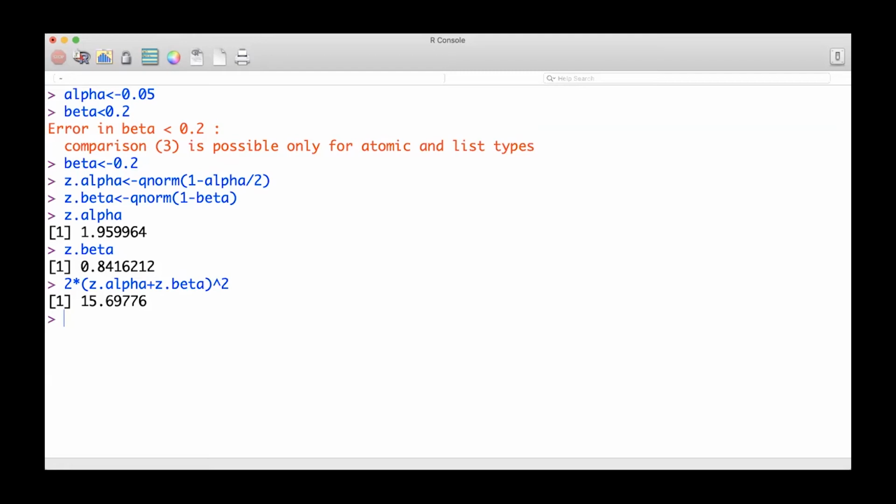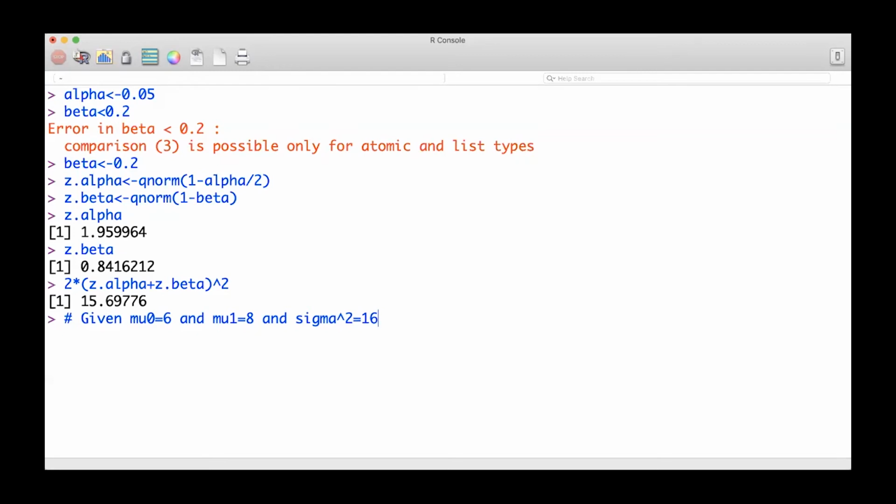Now, let's take a specific example. Let's suppose that mu naught is 6 and mu1 is 8. And we have a common variance of sigma squared equals 16.